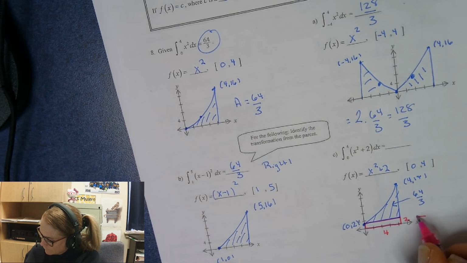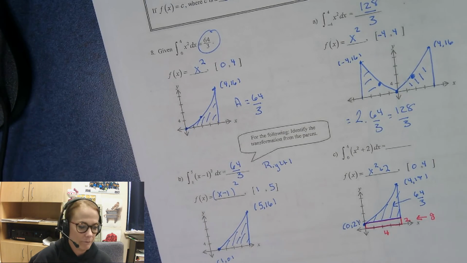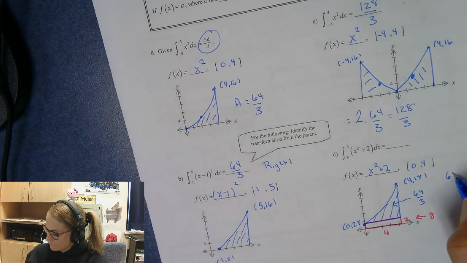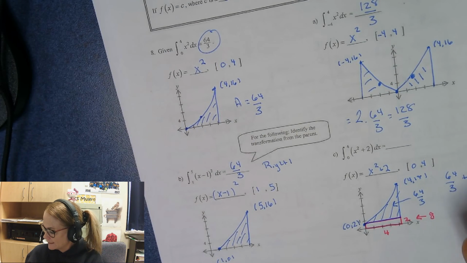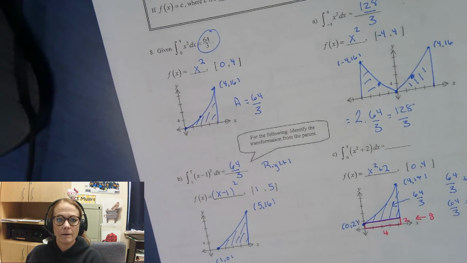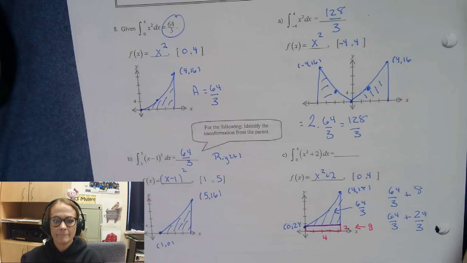So this rectangle underneath is 8. So when you have a vertical shift, you've got to do that. You've got to do 64 over 3 plus 8. So 64 over 3 plus 24 over 3, or 88 over 3.